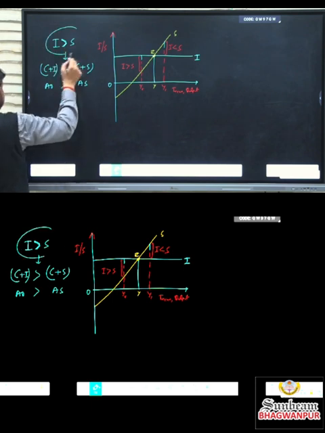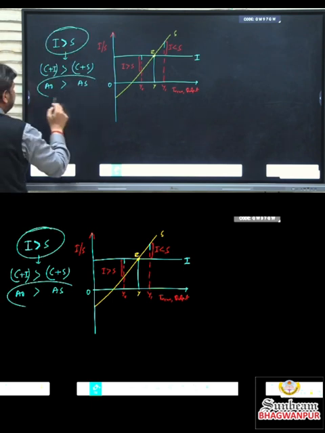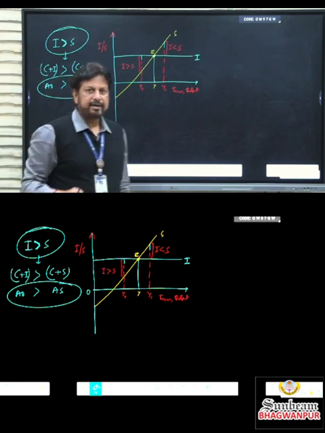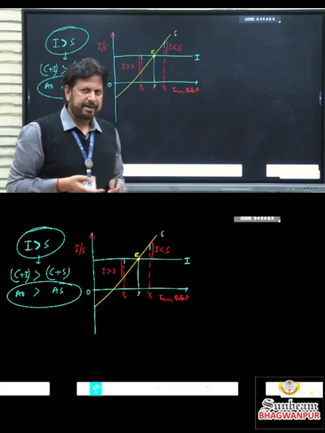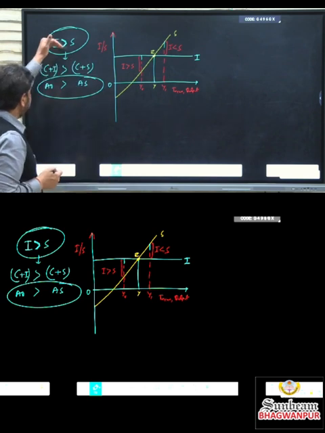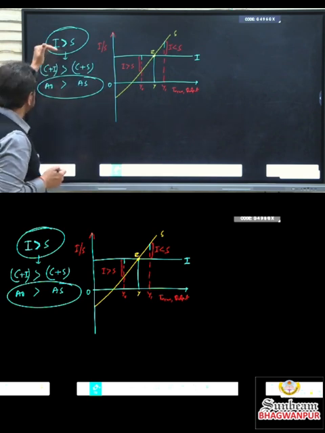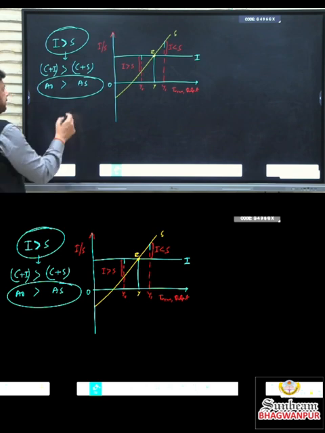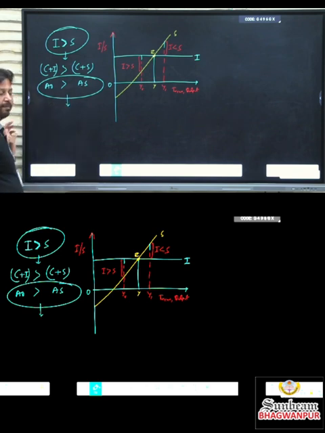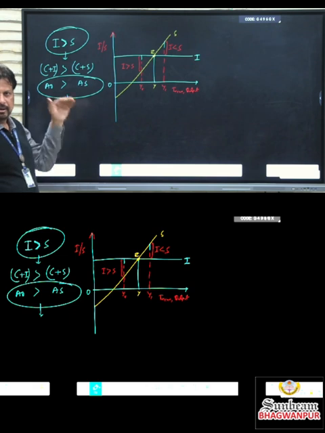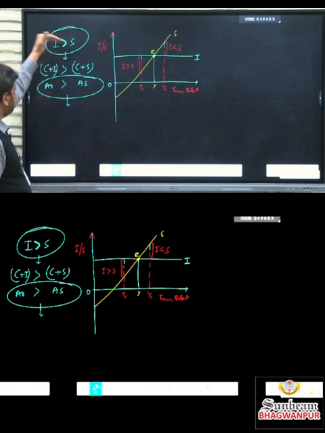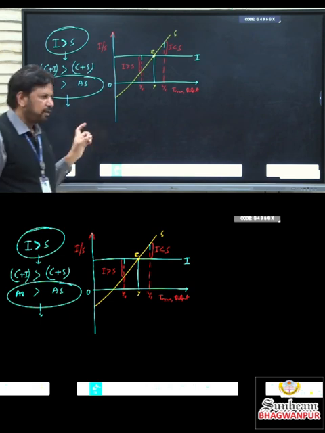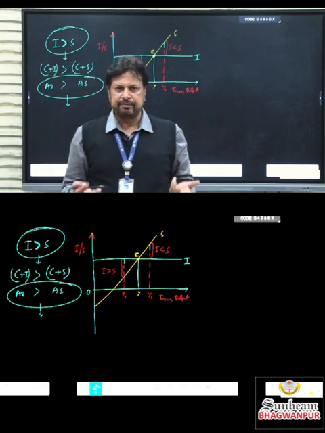So if investment is more than saving, it leads to aggregate demand being in surplus of aggregate supply. So I greater than S simply implies that aggregate demand is more than aggregate supply, and the same adjustment will take place. The adjustment that we have in the case of AD greater than AS, the same adjustment will happen when I is greater than S. There is a fall in intended inventories with firms.